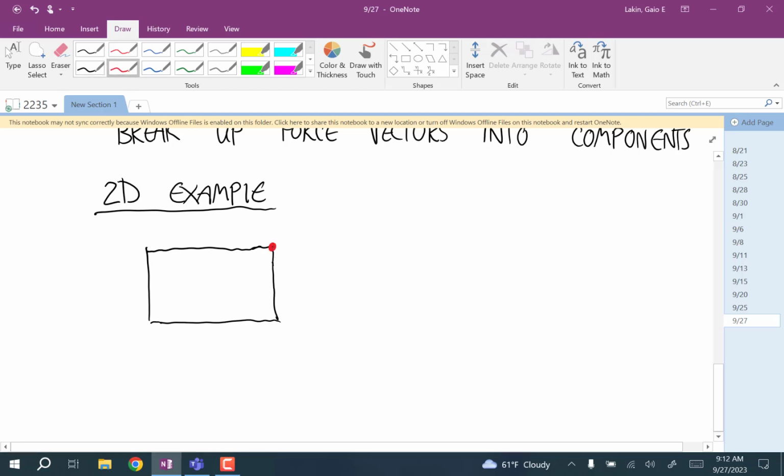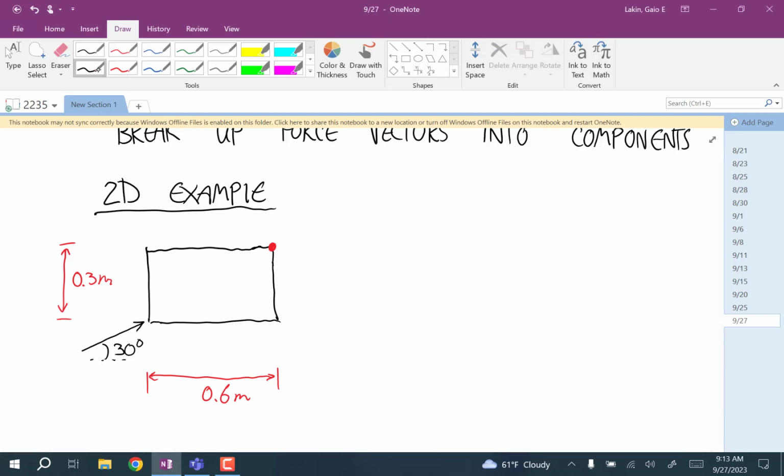And let's say that we have a force vector applied here at an angle of 30 degrees. Let's say this length is 0.3 meters and this length is 0.6 meters.